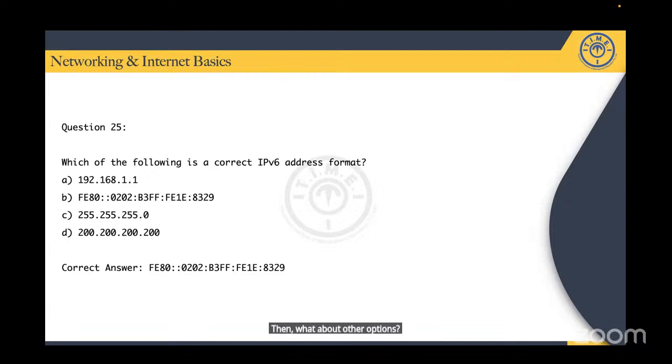Option A is IPv4. Option C is a subnet mask. Option D is IPv4, right? So it's a simple hack: double colon means v6, dot means v4. I'll repeat: option A, v4; option B, v6; option C, subnet mask; option D, v4.